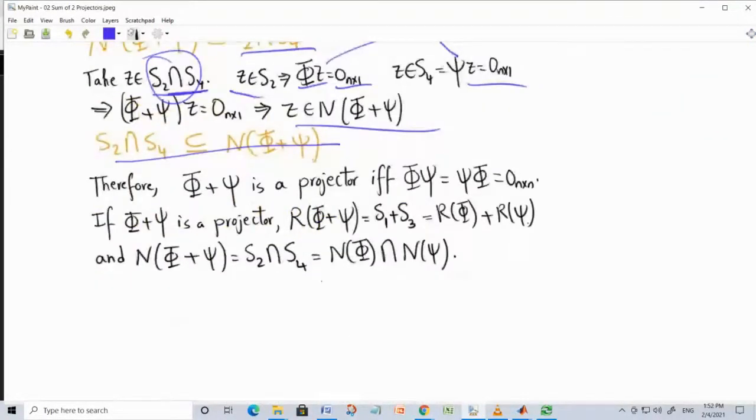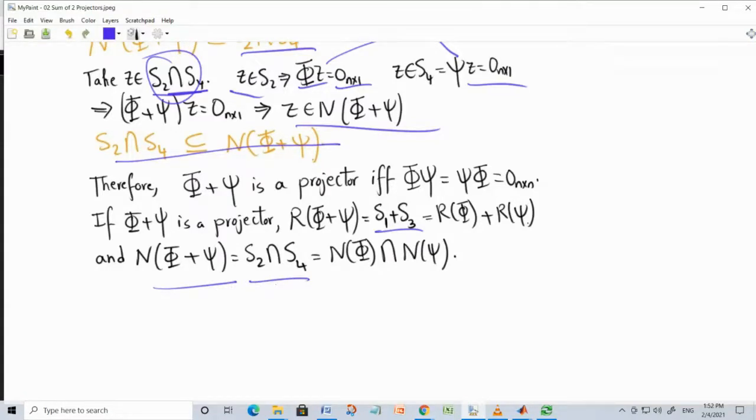Okay, so basically, the conclusion from this slide is that phi plus psi is a projector if and only if phi psi is equal to psi phi is equal to the all zero matrix. If phi plus psi is a projector, then its range is S1 plus S3, and the null space is the intersection of S2 and S4.